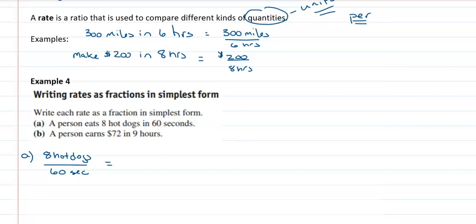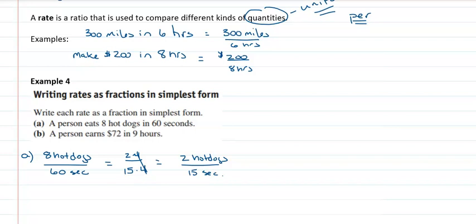We've got, sorry, not 2 times 4, we've got 2 times 4 on top, and 15 times 4 on the bottom. And if we just said 2, we would have had to reduce one more time. So the 4's are going to divide out, and we get 2 hot dogs per every 15 seconds. Okay?